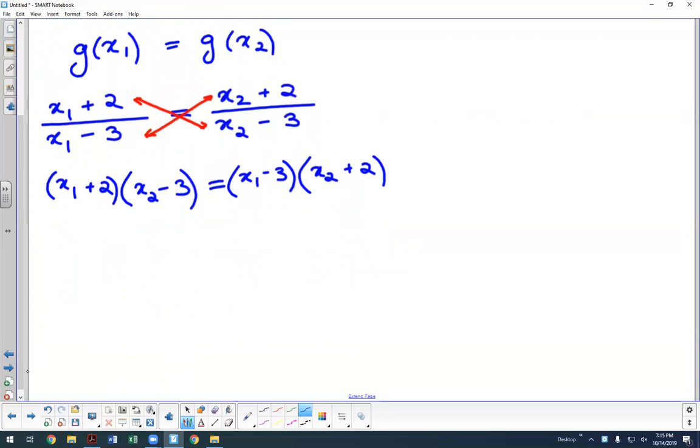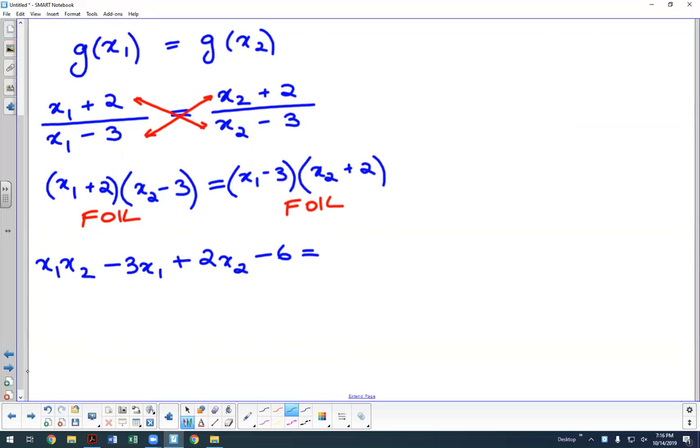What do we end up doing with each of those parentheses? Yeah, you're going to need to FOIL both sides of your equation here. So that means I'm going to end up getting x1 times x2. x1 times negative 3 will be negative 3x1. 2 times x2. And then positive 2 times negative 3 will give you negative 6.